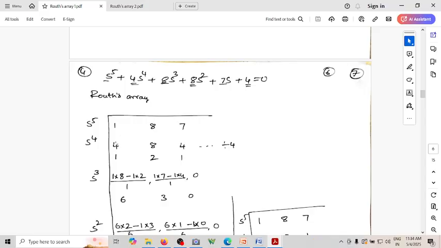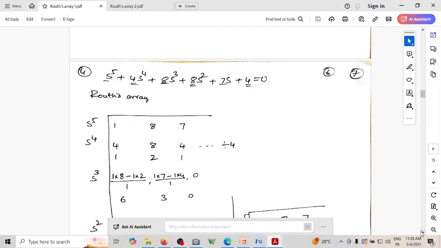Instead of 4 8 4, you can divide the entire row by 4 and write it as 1 2 1. It doesn't matter whether you have 4 8 4 or 1 2 1, because all the elements of that row are divided by the same number. Then you complete the Routh array.